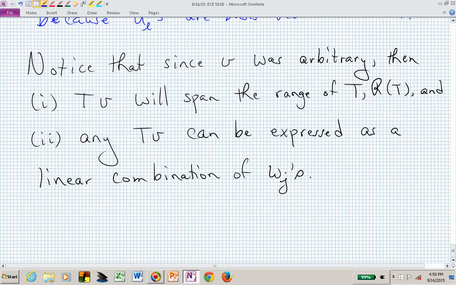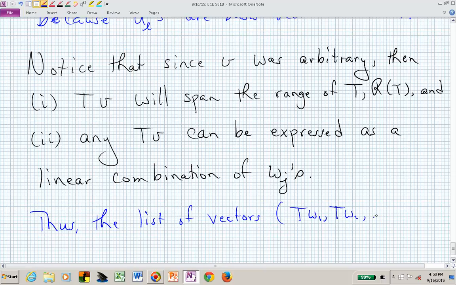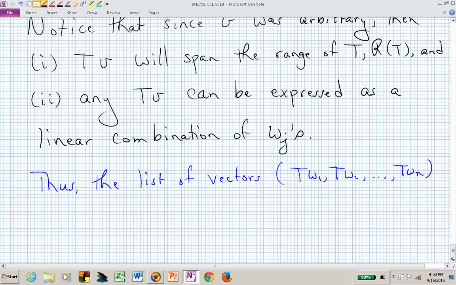Or stating that second point another way, thus, the list of vectors TW1, TW2, up to TW n, that list of vectors spans the range of T.